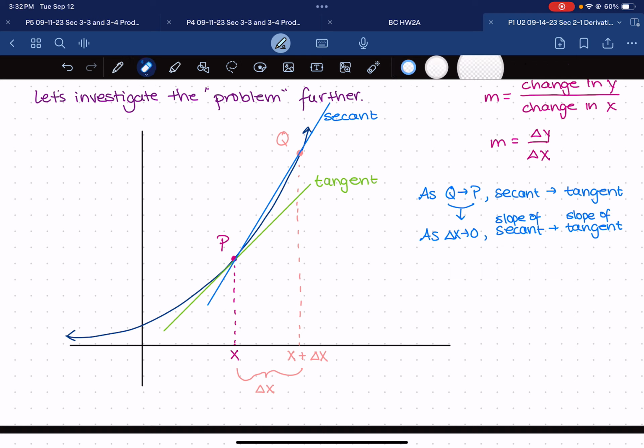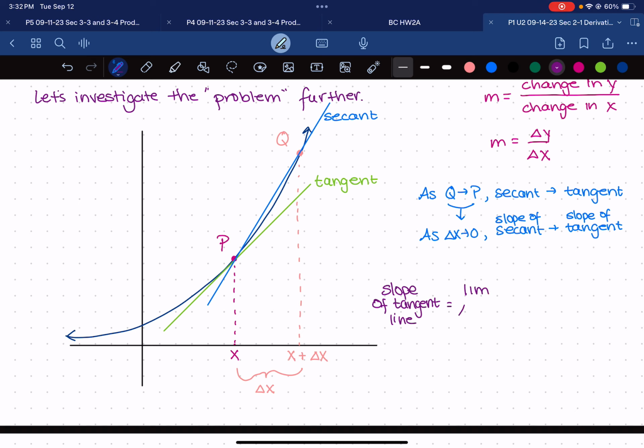And so let's actually put that now in terms of our limits that we did last unit. So the slope of the tangent line is equal to the limit as delta x approaches 0 of the slope of the secant line.